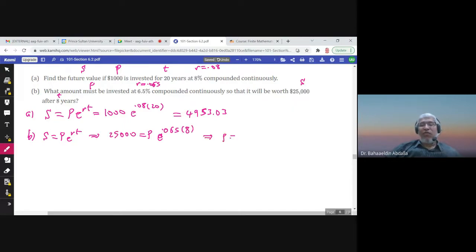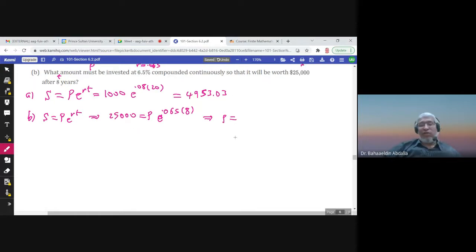You can divide 25,000 by this, or you can just multiply 25,000 by e to the power negative 0.065 times 8, and that's just 0.52. So this negative means we are dividing.